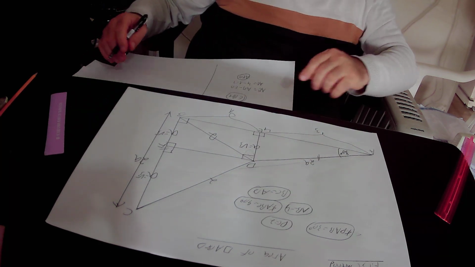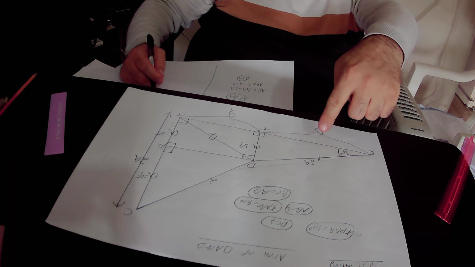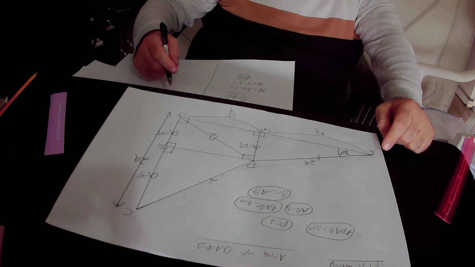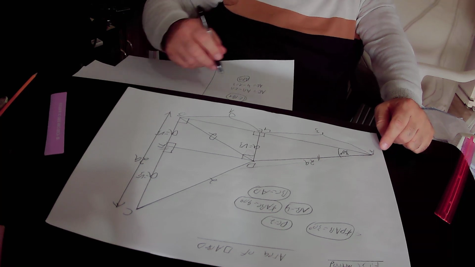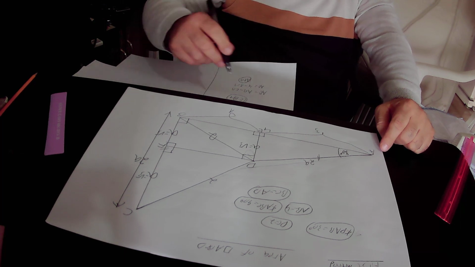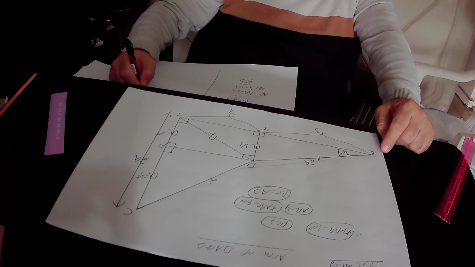So the area of triangle ADE equals the base of the triangle, that is AE, times the height to the base, that is DE, over 2.